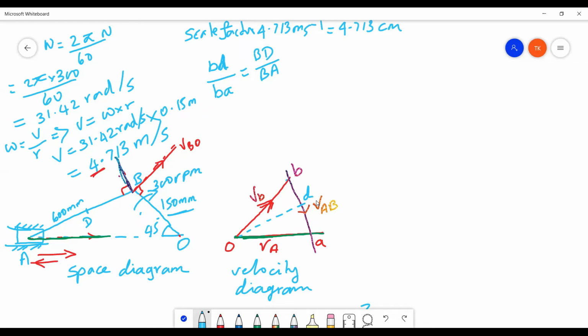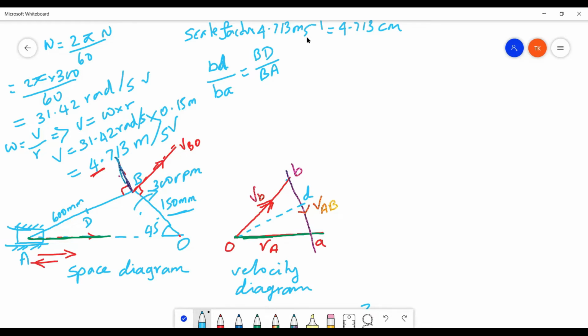We'll see how to draw this step by step. I'm going to dictate how to draw. First step: draw a vector OB, since that is a known component. Velocity is known, angular velocity is known, so I will start with this, applying a scale factor.